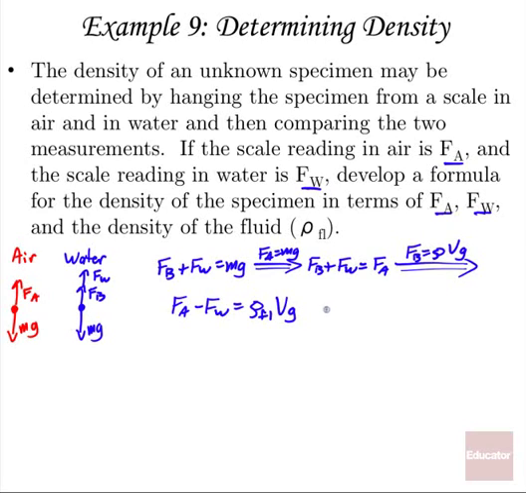Now we've got to take another step that's maybe not quite so obvious. Let's say that the density of our object is equal to the mass of the object divided by the volume of the object. Therefore, the volume of our object is equal to the mass of the object over the density of the object.